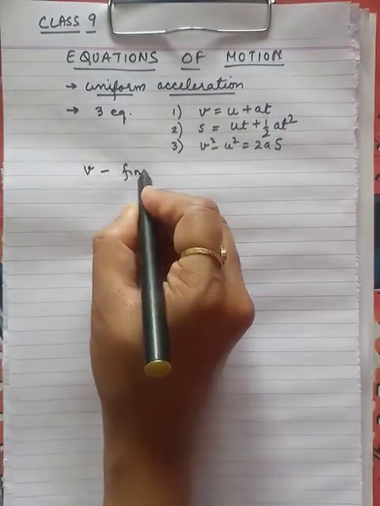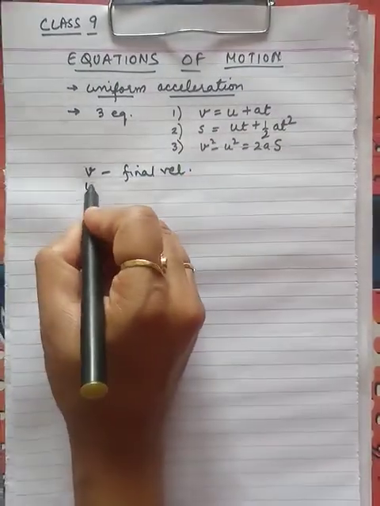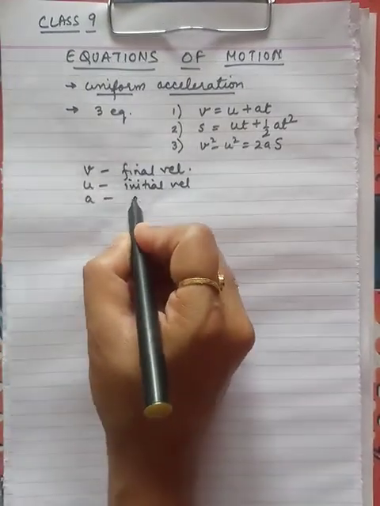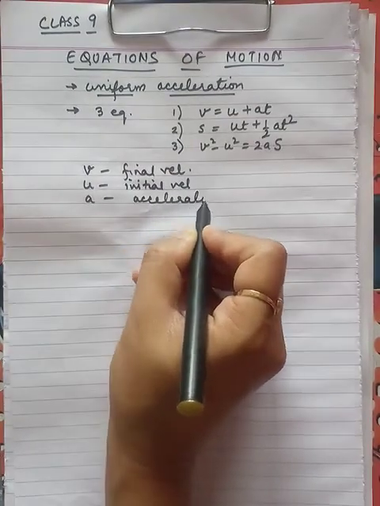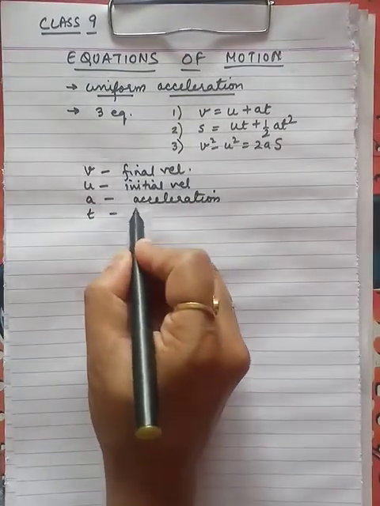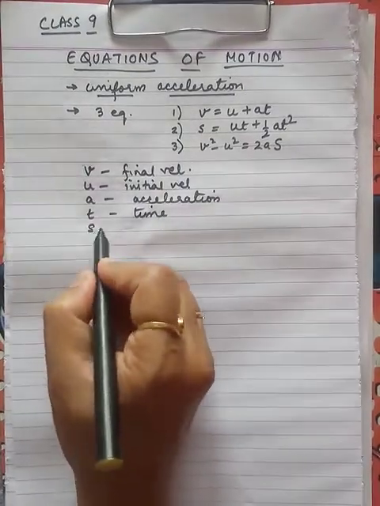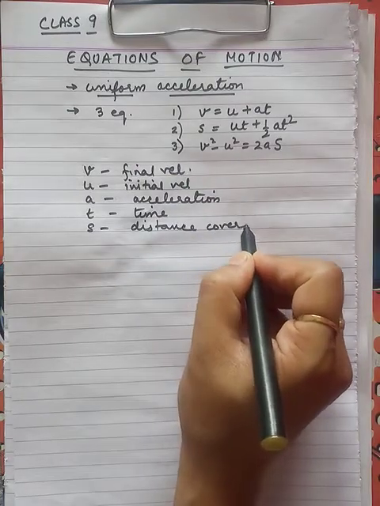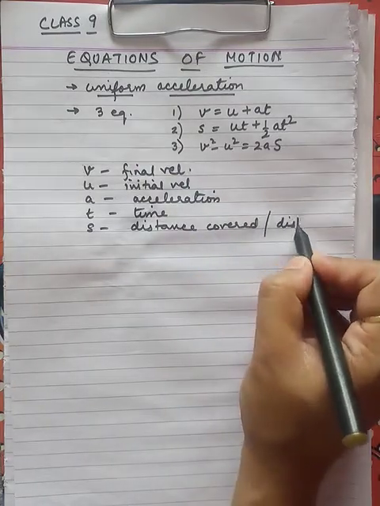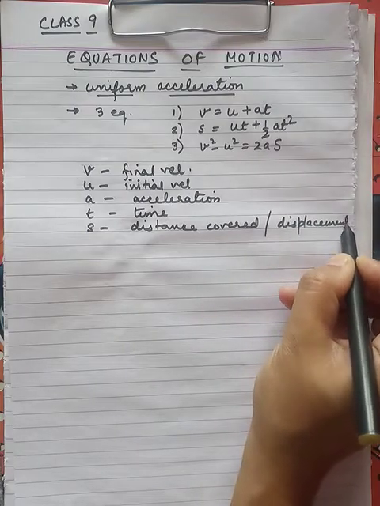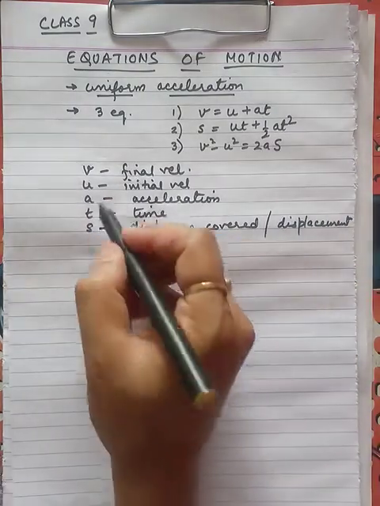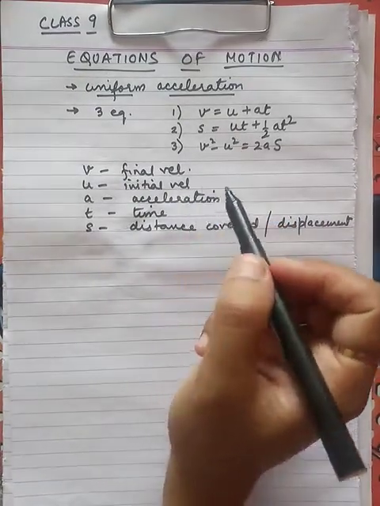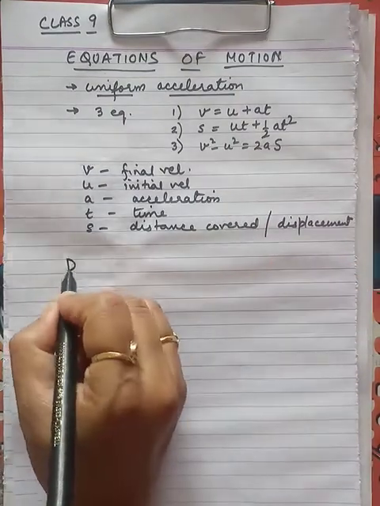It is final velocity. u is initial velocity. a is acceleration. t is time. s is distance covered by the object, or you can say displacement in some cases. What else? These are the only symbols that are being used for the equations of motion. Okay, so let's start with the derivation of these equations.